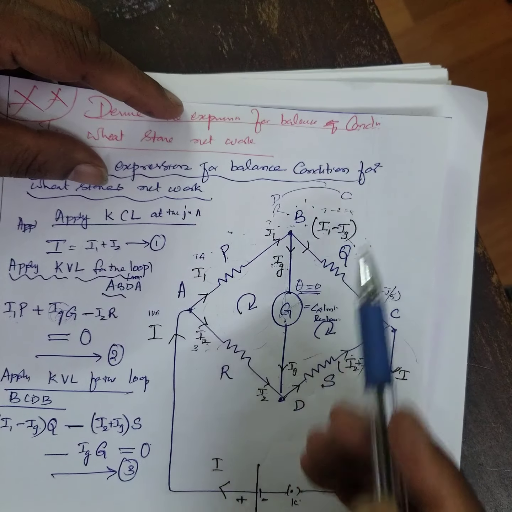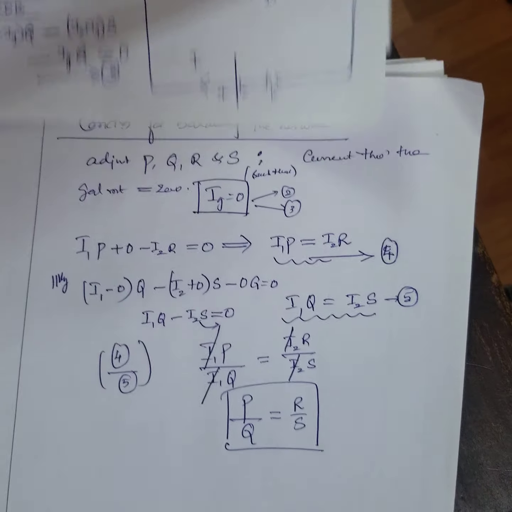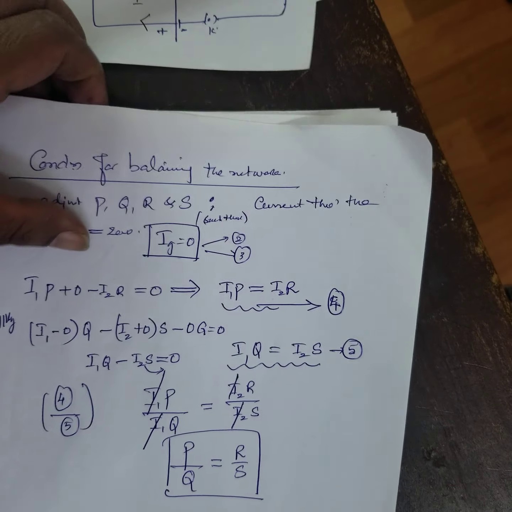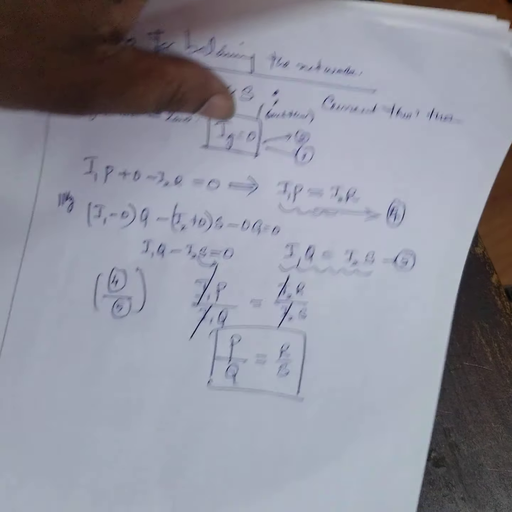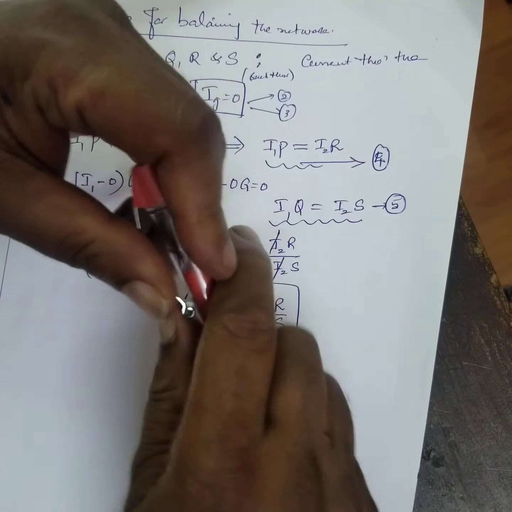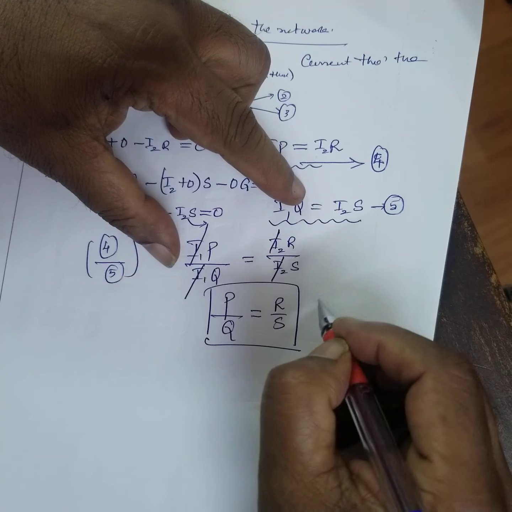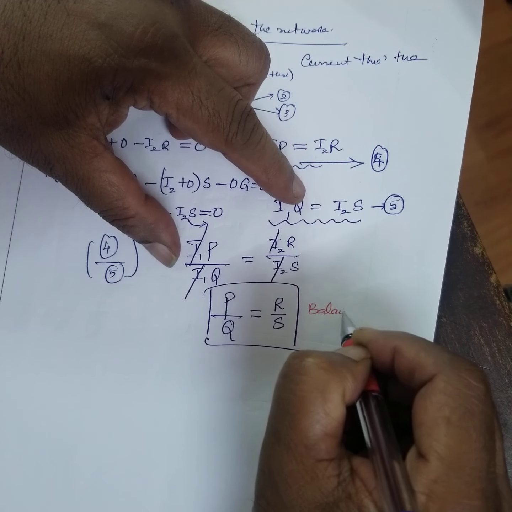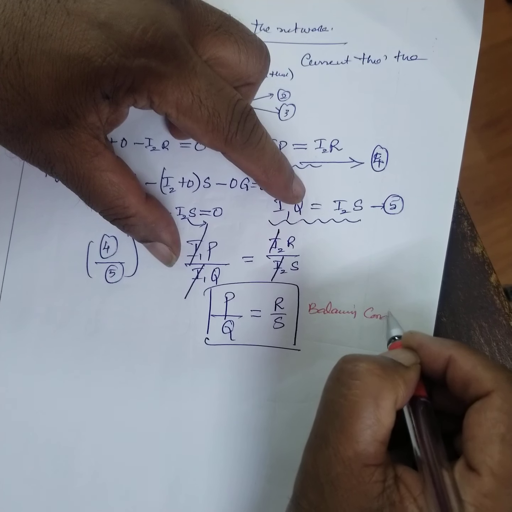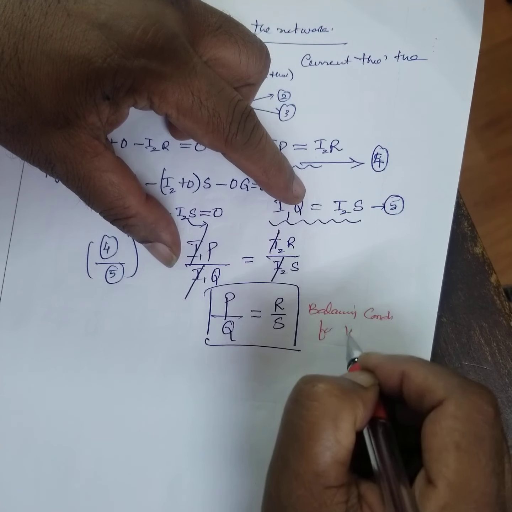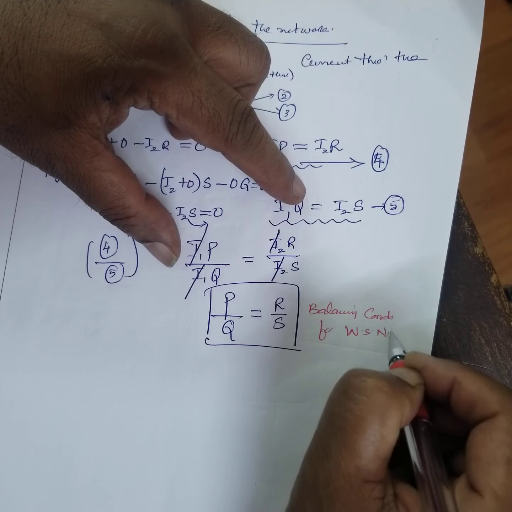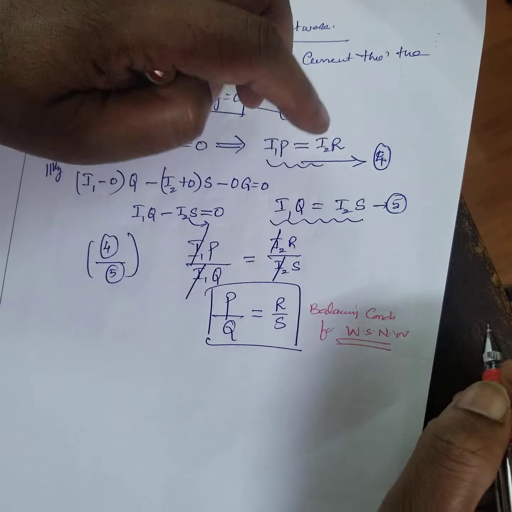P by Q is equal to R by S. This is the balancing condition. Write the balancing condition for the Wheatstone network for 1 mark.